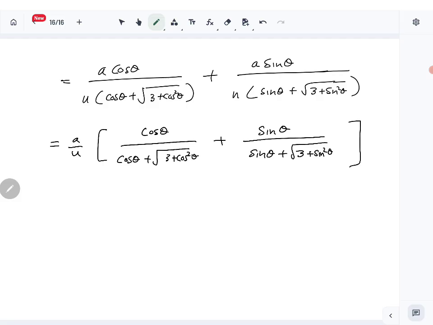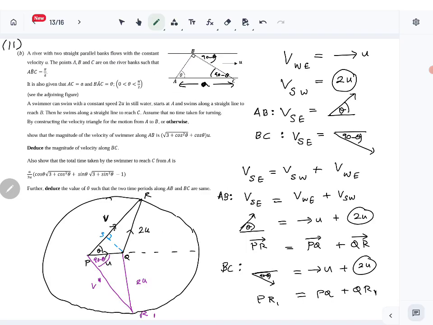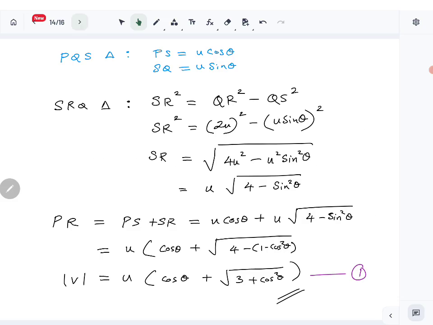Right, now let's see how to get this. Inside the bracket there's no denominator. On the outside it should be a over 3u, not a over u. I have a over u, I need a 3, and inside I don't want any denominators.